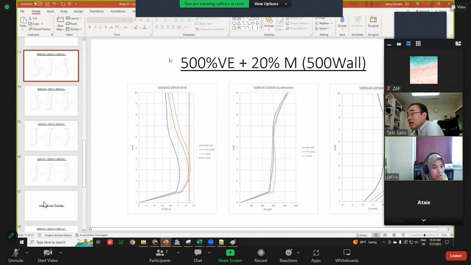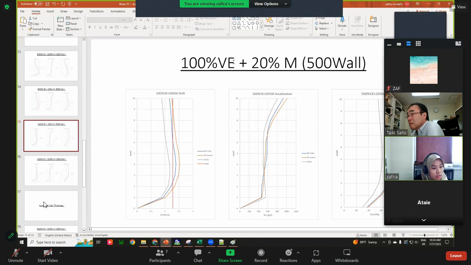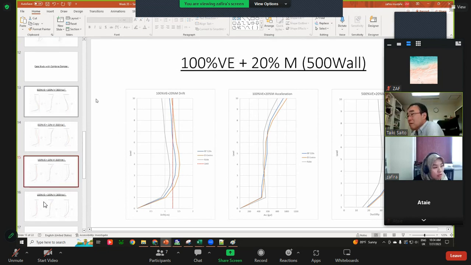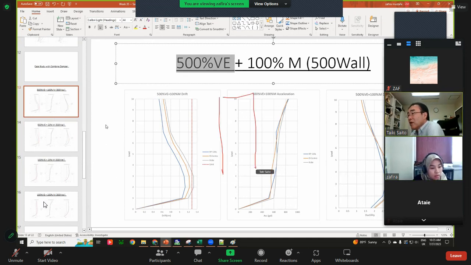If we use 500 viscoelastic, the acceleration will be at 800. But if we use 10% viscoelastic, it can reach 800 to 1,000. So I think if we use bigger viscoelastic, maybe we can reduce the acceleration. How about concentrating the damper only on the top floor?